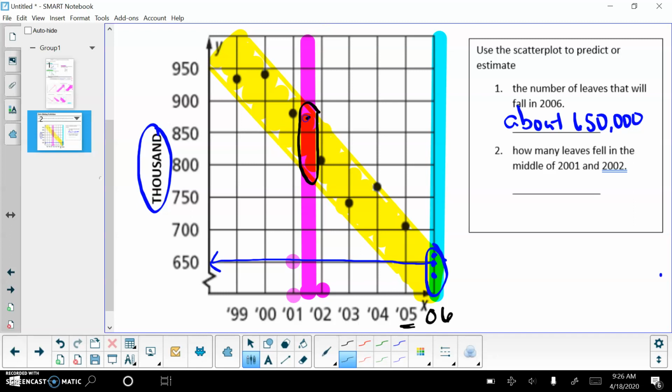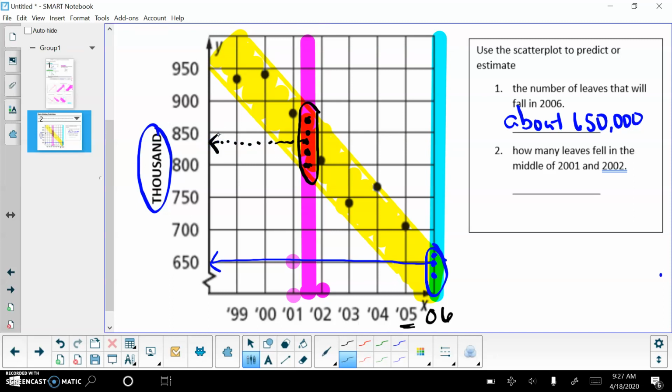So I could put one right here and say about 860,000. Or I can put one here and say 825,000, or down here 800,000, or even right here 850,000. I'm going to try to get it right in the middle, so I'm actually going to go slightly below that. This time I'm not going to make it quite as easy on myself. I'm just going to eyeball it.